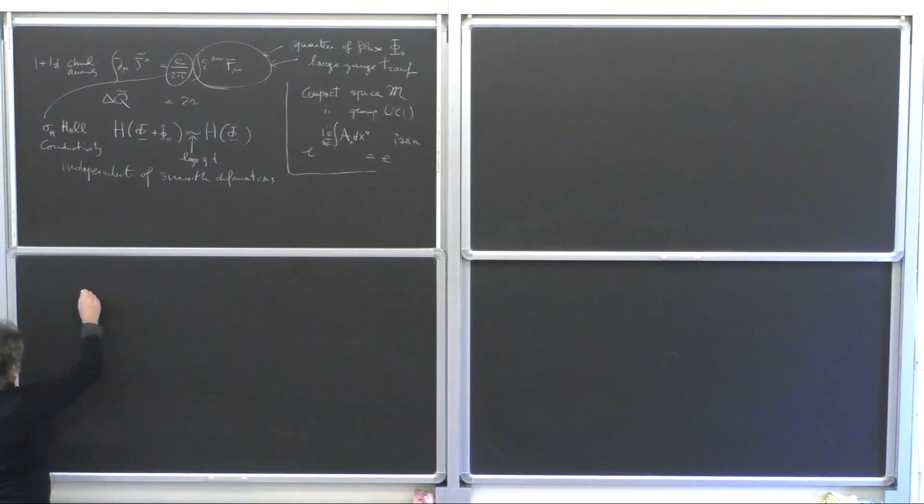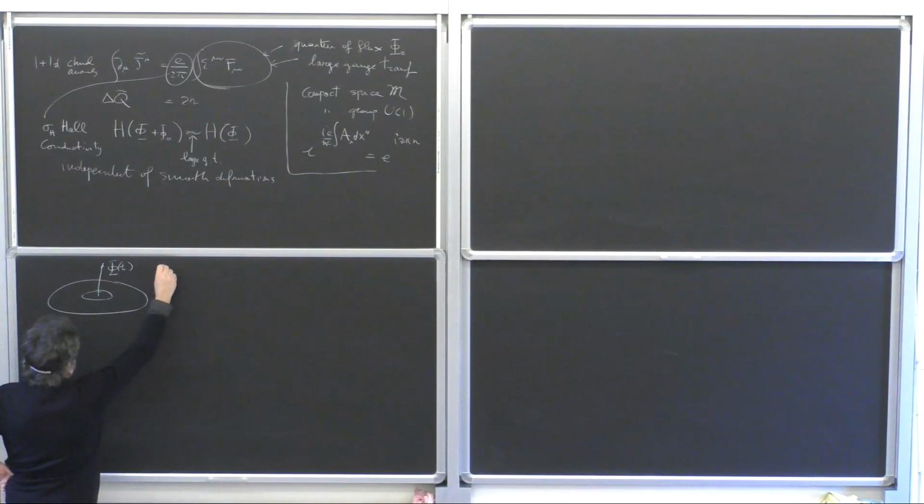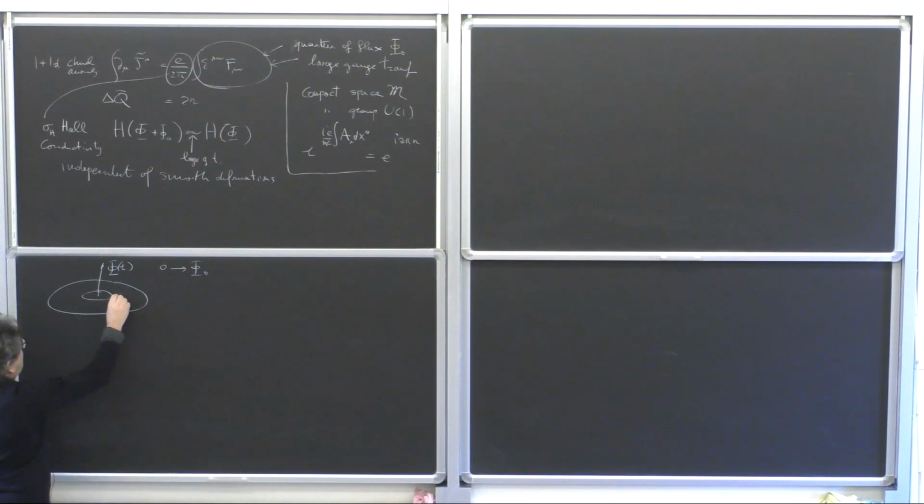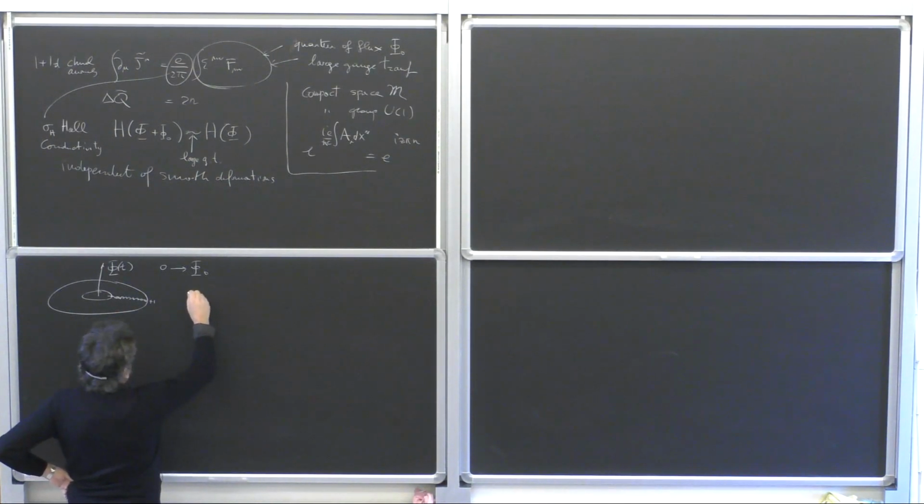So if you have this configuration of the Hall effect and you make this flux time dependent, changing it from 0 to phi naught, then you move all the electrons like this, and eventually you move one charge from here to here, which is the Hall current.